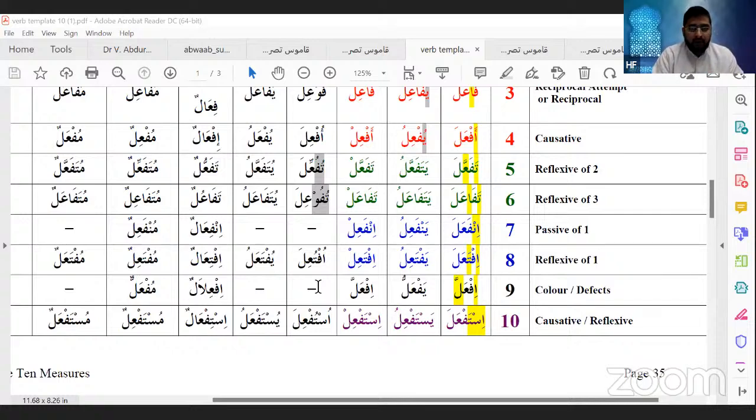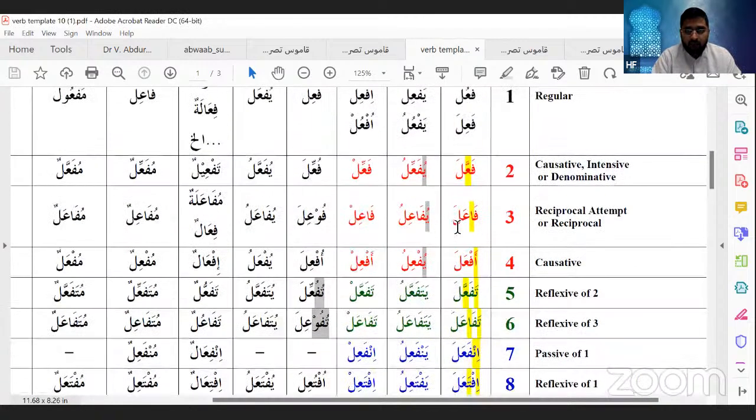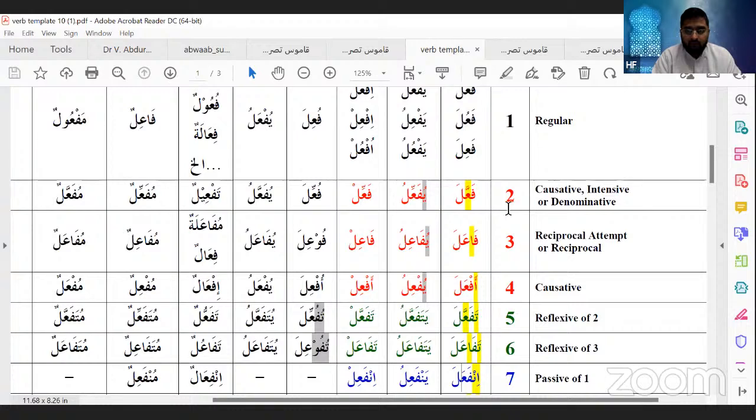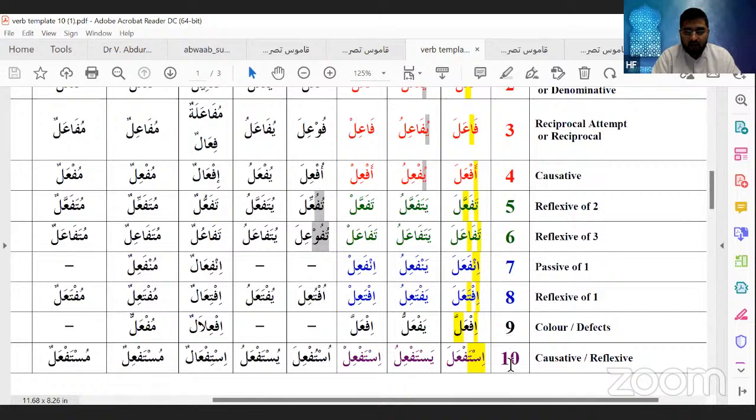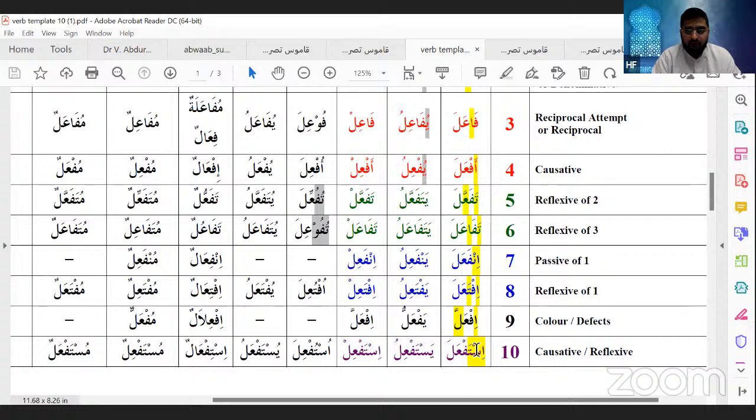Bismillahirrahmanirrahim. Now, these verb conjugations, as I mentioned before, are very important. They are crucial. You will see here on the sheet patterns from 2, 3, 4, 5, 6, 7, 8, 9, 10. Each one of these patterns converts the meaning of a verb from its original meaning to a different meaning.